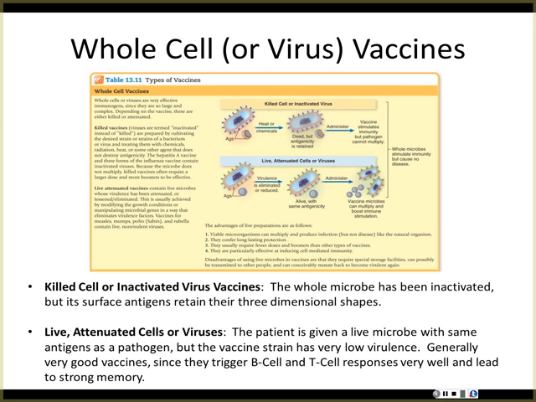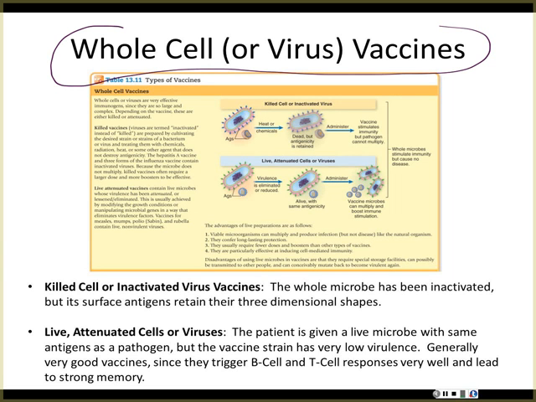Okay, vaccines come in different categories, and some of them are called whole cell or whole virus vaccines, because remember, viruses are not cells. This is where you're being injected with whole bacterial cells or whole viruses.